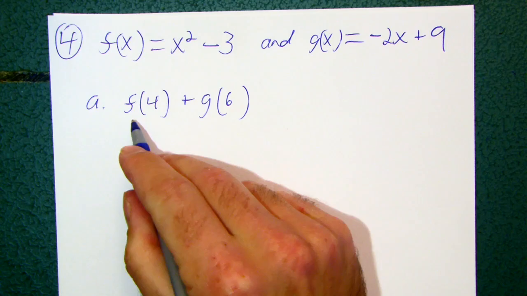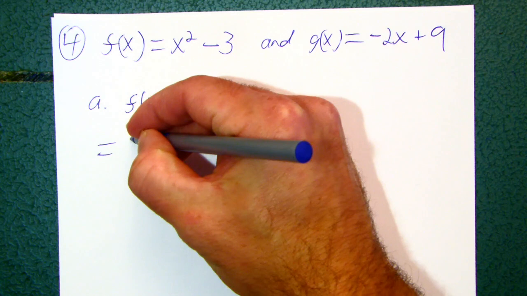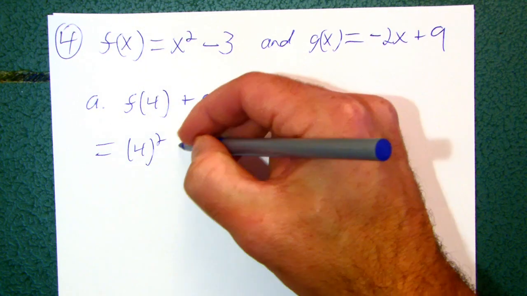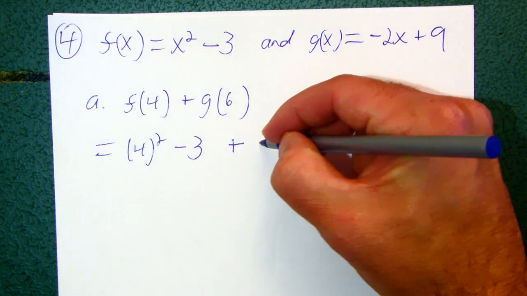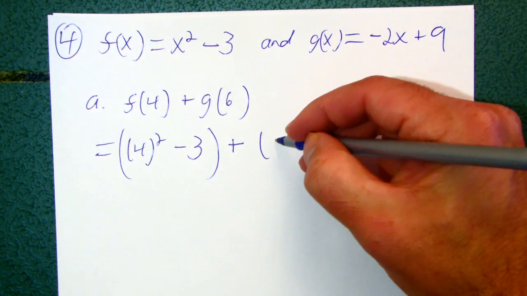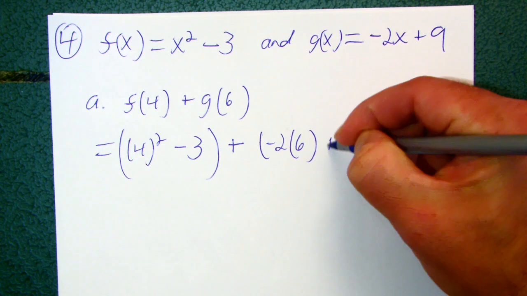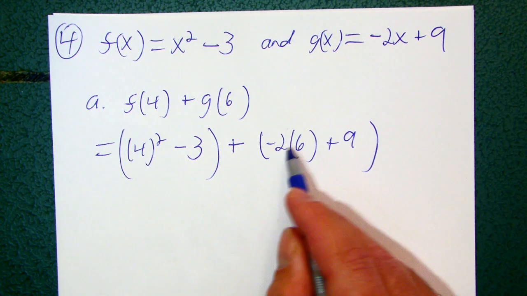So first up, you got to figure out what f of 4 is. So that's going to be 4 squared minus 3 plus g of 6 would be negative 2 times 6 plus 9. So again, this is my f of 4 right here. This is my g of 6.